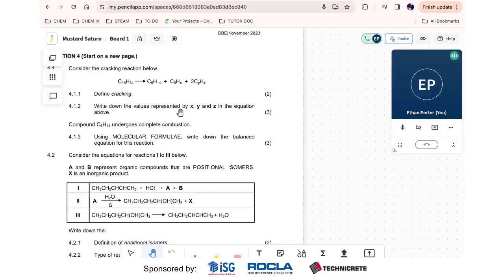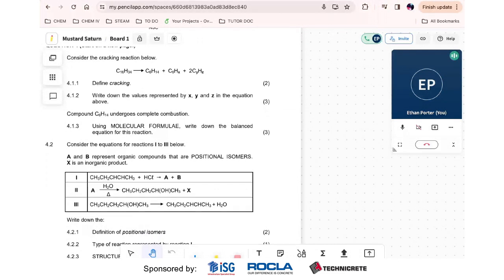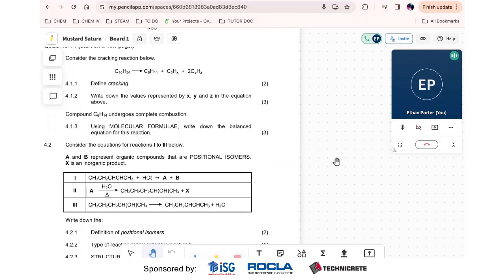The next thing is to write down the values of x, y, and z in the equation. So let's try and balance this. Let's start off with x. Let's assume this molecule here is an alkane.